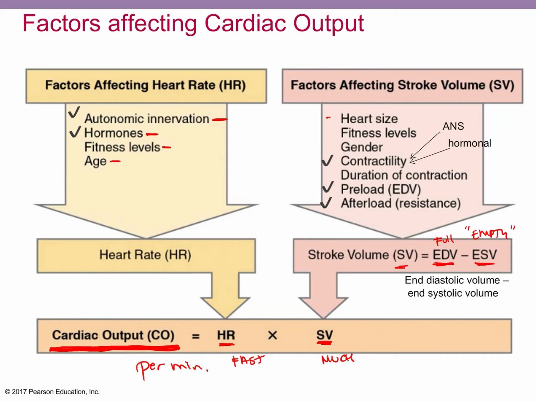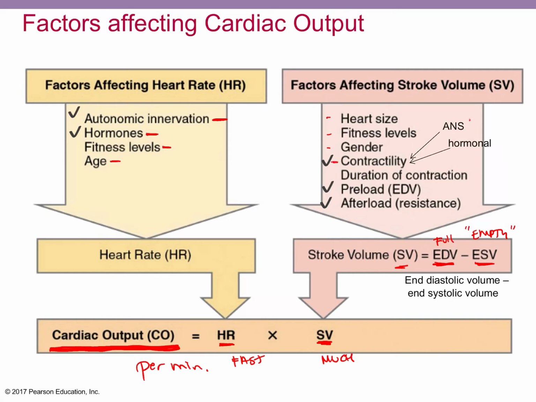And that stroke volume has many different factors. We can look at the size of the heart and the fitness levels. We talked about how Lance Armstrong, actually that was the heart rate, but yeah, fitness level affects that too. The gender can affect that, but we're going to look at contractility, which means how forcefully your heart muscle contracts, right?